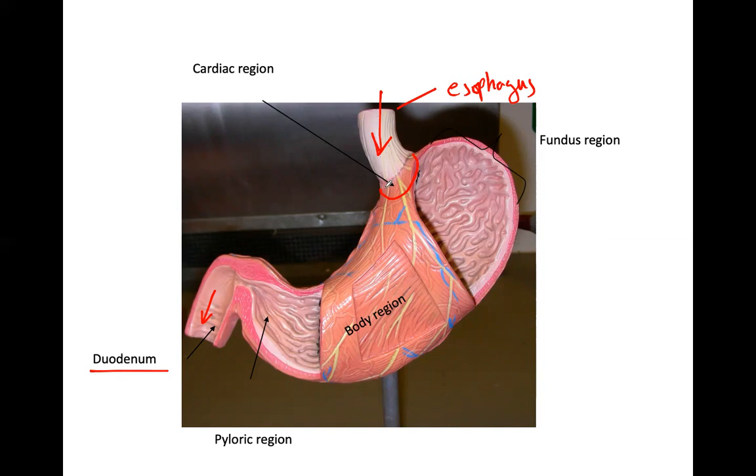So we refer to this as the cardiac region. The dome portion of the stomach is called the fundus. We actually have a fundus for the uterus as well, so don't assume it's only associated with the stomach. The midsection is your body. And then this kind of funnel narrowing at the end of it is called the pyloric region.